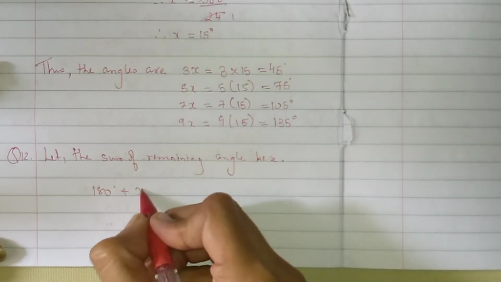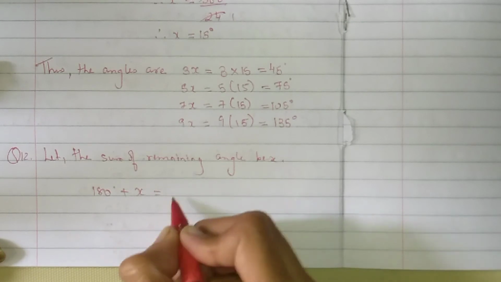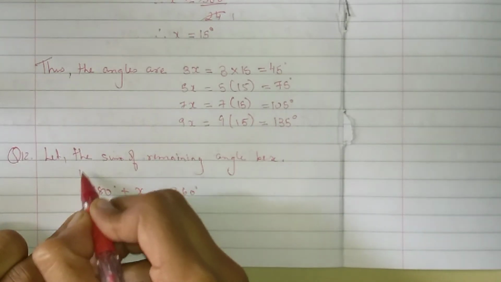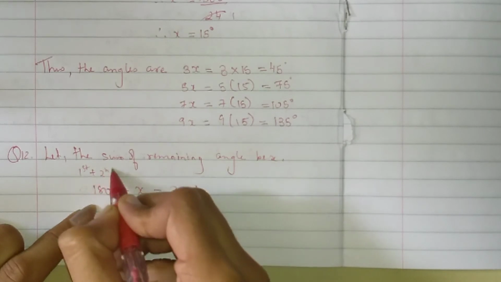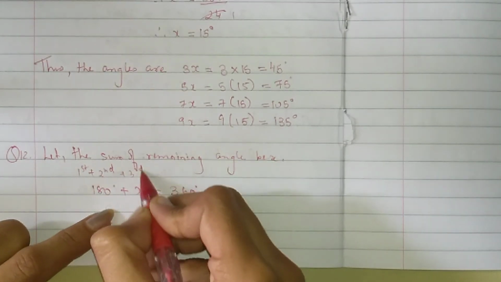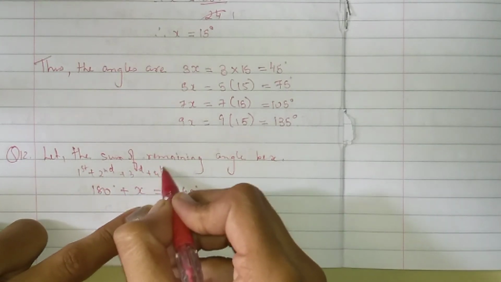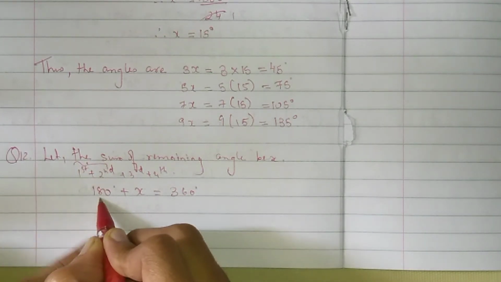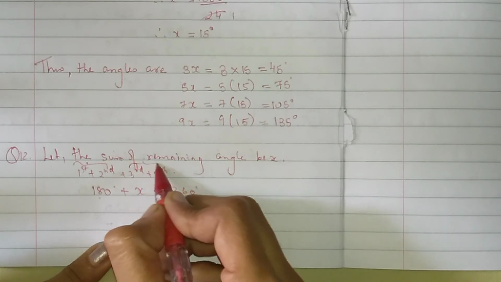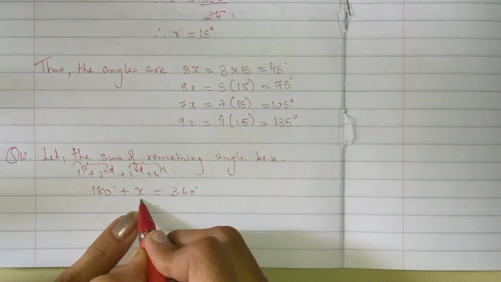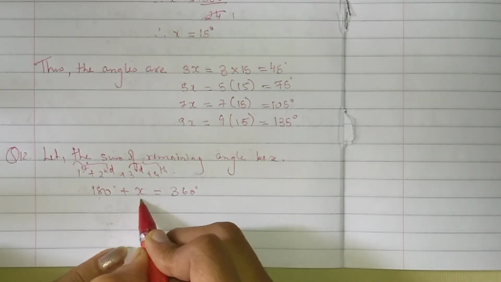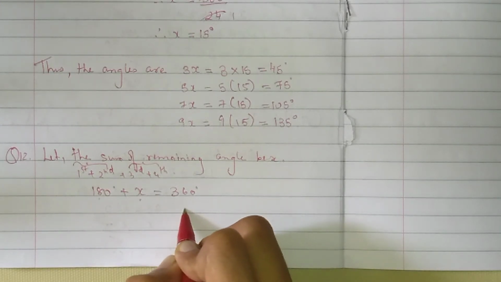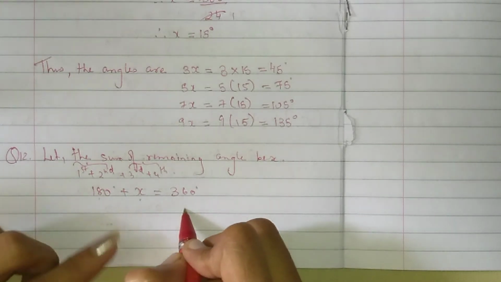The first sum we were given is 180 degrees. The second sum we write as x, and the total equals 360. See here, first angle plus second plus third plus fourth: the first two give 180, the other two we suppose as x, and this equals 360, since we know the sum of the angles of a quadrilateral is 360.